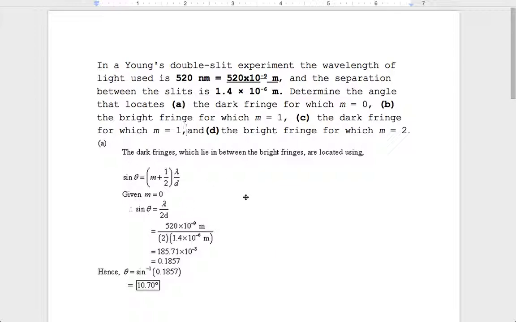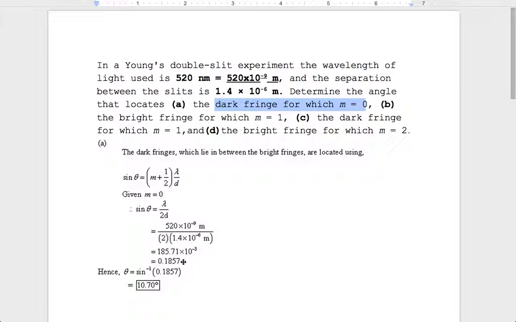So for the first one, we're finding the dark fringe for m equals 0. You insert 0 here, and that means that sine of theta just equals the wavelength over 2 times the distance. You plug your numbers into your calculator, and this should give you 0.1857.